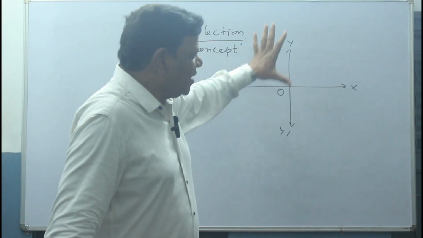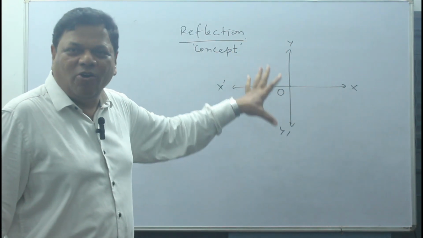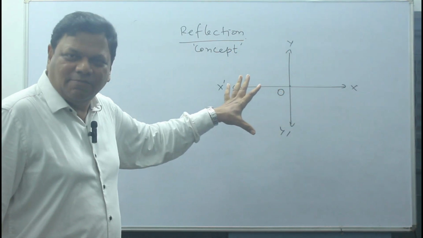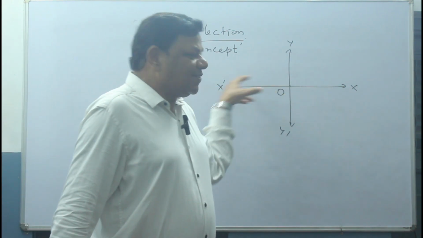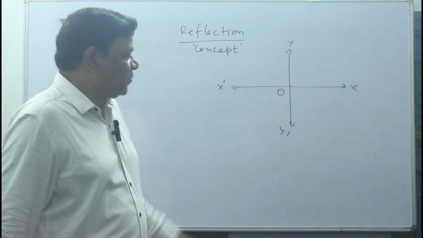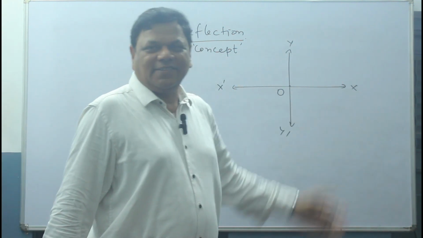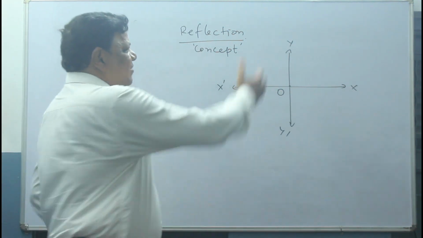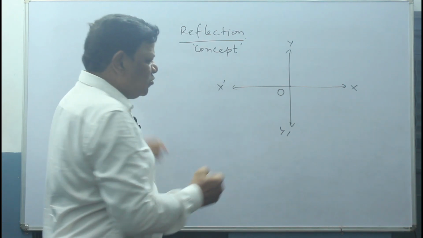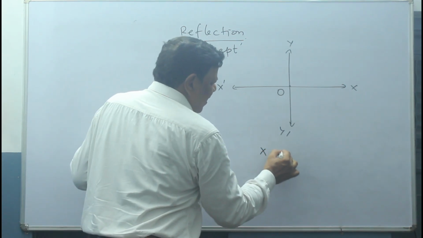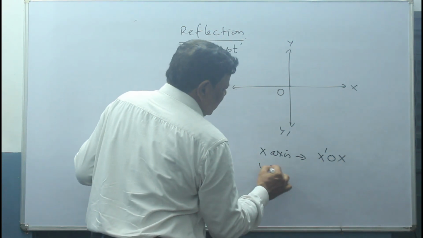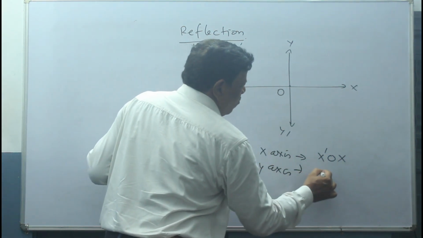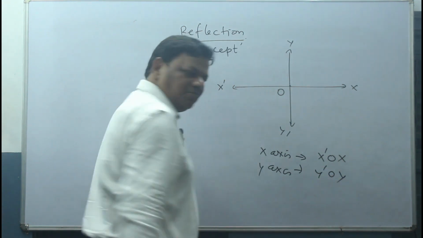Now see, this is the coordinate axis. You already have this idea from previous classes. This is called the x-axis, x dash o x. And this is the y-axis, y dash o y.